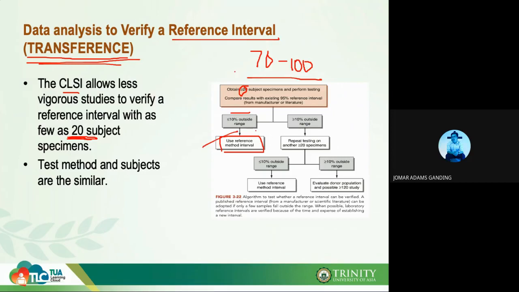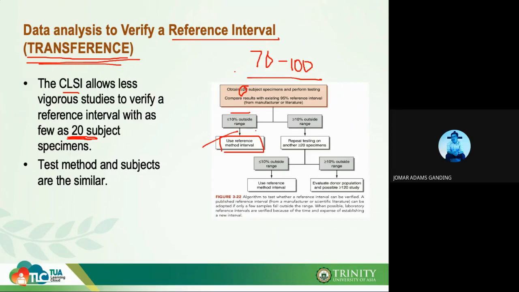What if, on the other hand, you failed to reach that standard? Greater than or equal to 10% was outside the range. So what you need to do is to repeat the test again, on another 20 specimens.